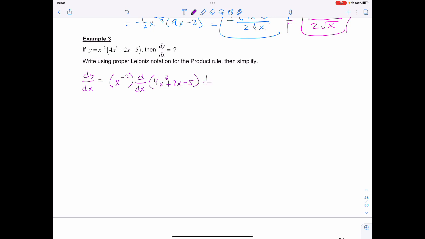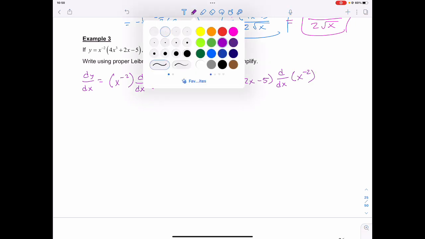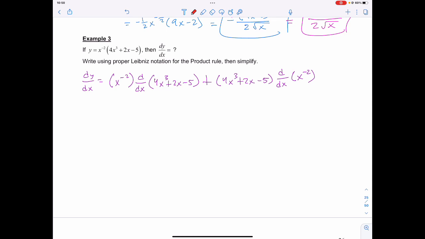And I combine that with the second factor, 4x cubed plus 2x minus 5 times the derivative of the first factor, x to the negative 2. We can still see that here we have factor 1, we have derivative 2, we have factor 2, and we have derivative 1.